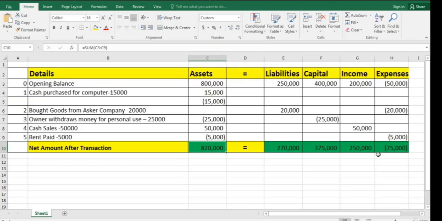These are generated by Tally itself. If we want to put the transactions, we should understand the accounting concepts. That's why I took the accounting concepts in the first chapter.